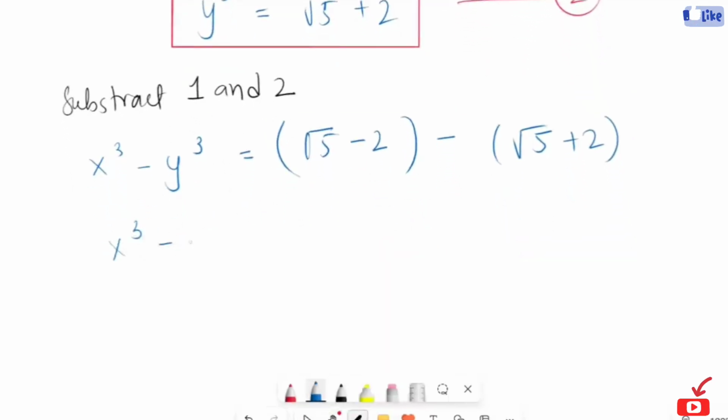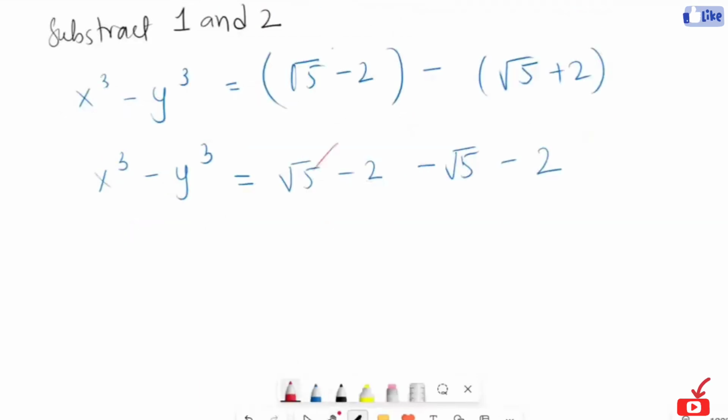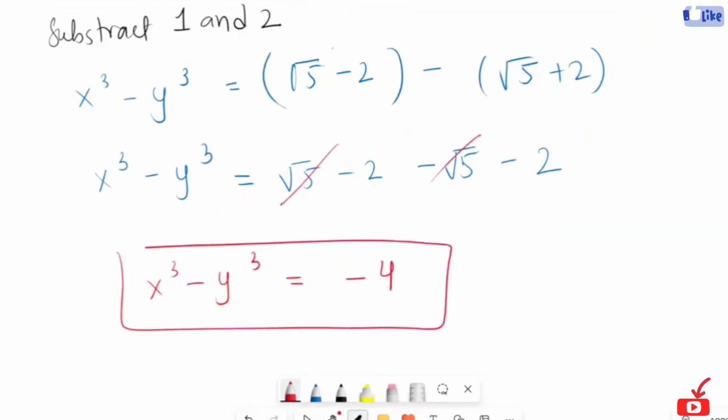Root 5 minus 2 minus root 5 minus 2; the positive and the negative root 5 get cancelled, and the remaining expression is x cubed minus y cubed is equal to minus 4. Now I'm going to name this expression as 3.